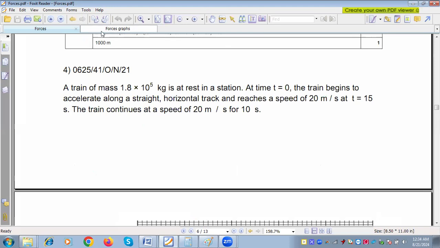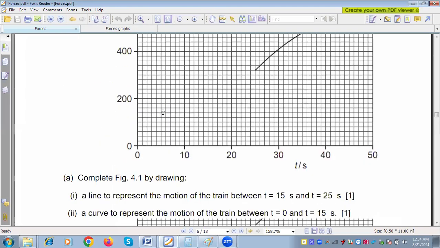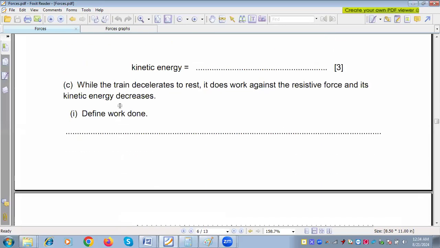That is 3.6 into 10 raised to the power 7. 3.6 into 10 raised to the power 7 is the kinetic energy.